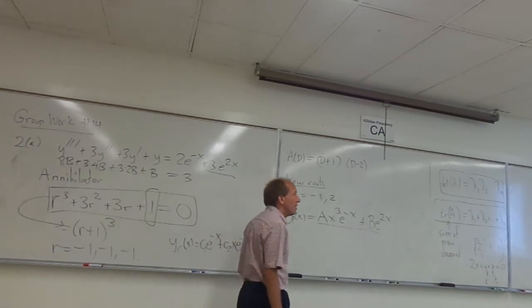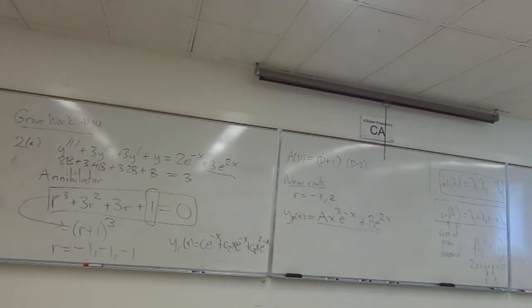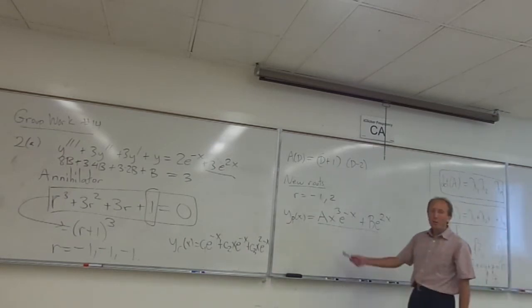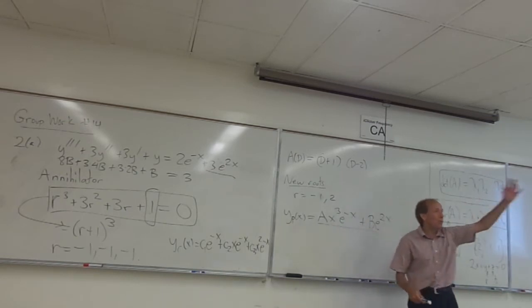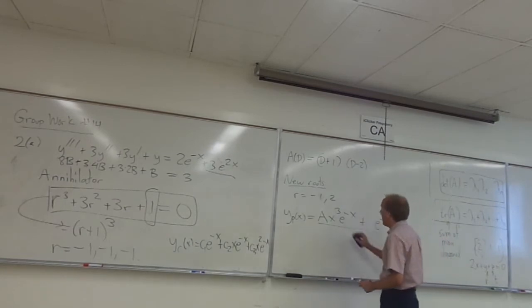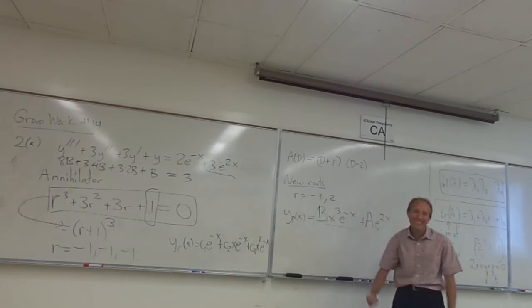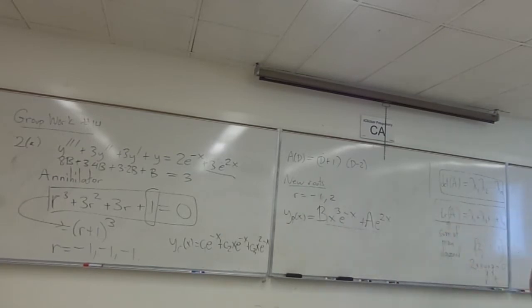It'd be very hard for me to ask you to find one of the constants. I suppose I could. I could say, write down the solution in the form of, and I could give you the notation, because otherwise it wouldn't be wrong. I couldn't just say find B, because somebody might write it in the opposite order. Then that's not wrong either. That's still the correct form.